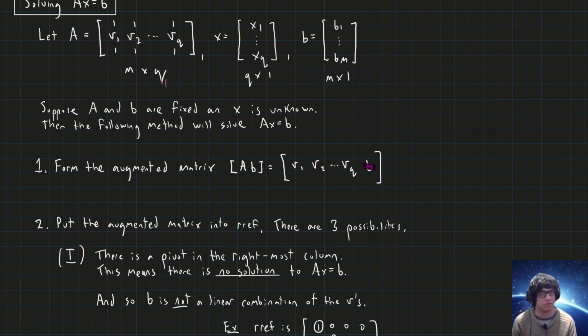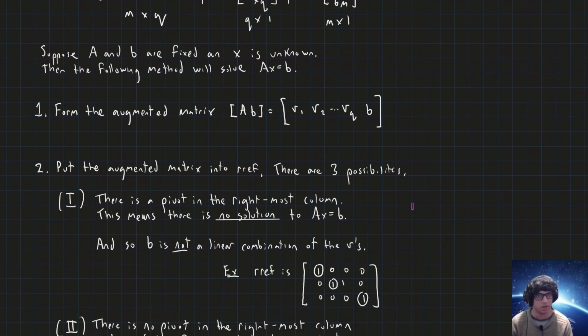So this is going to be an m by q plus 1 matrix. We put the augmented matrix into reduced or echelon form. Now there are 3 possibilities for how many solutions we have.